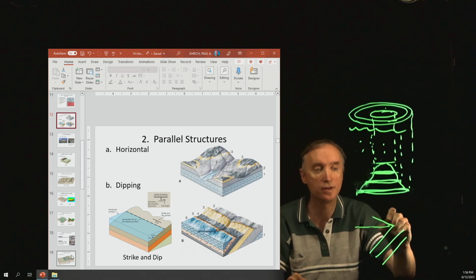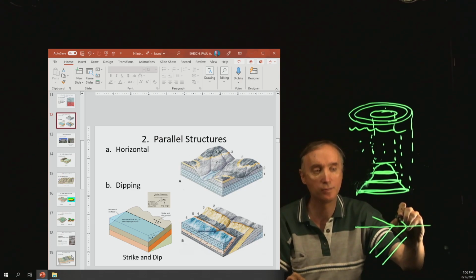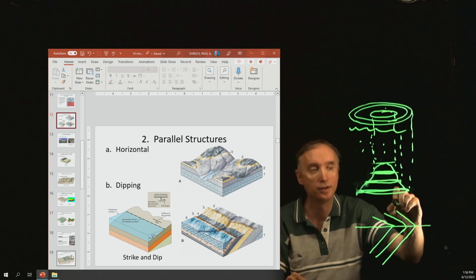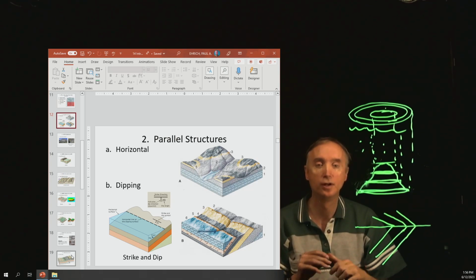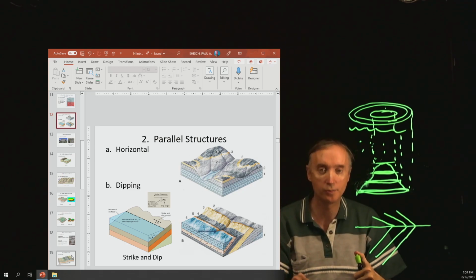Here is the surface of the Earth, and wherever this thing makes contact with the surface, it's going to make a stripe. So you've got a stripe here, and a stripe here, and a stripe here. So from the top-down view, horizontal beds, when they're dipping, are going to make a series of stripes.